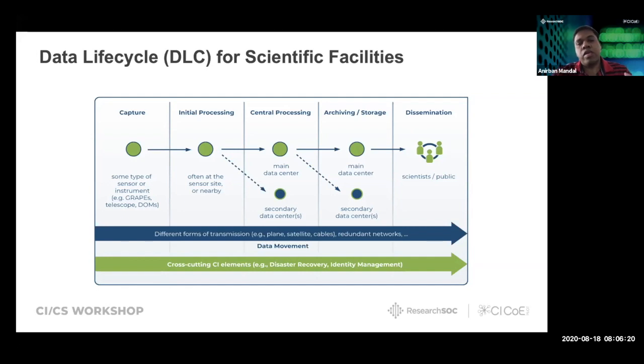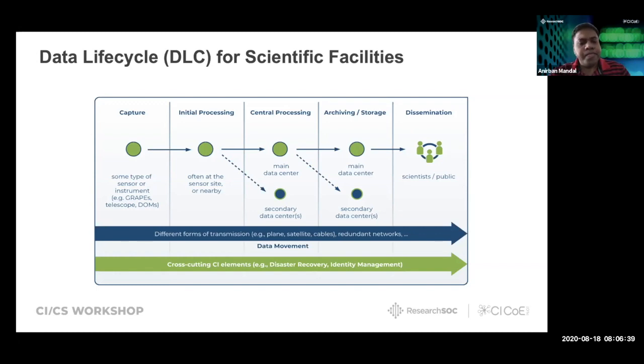So every data life cycle starts with what we call a data capture step, right? There's some kind of sensor or instrument that is used to capture the initial data for different kinds of facilities.